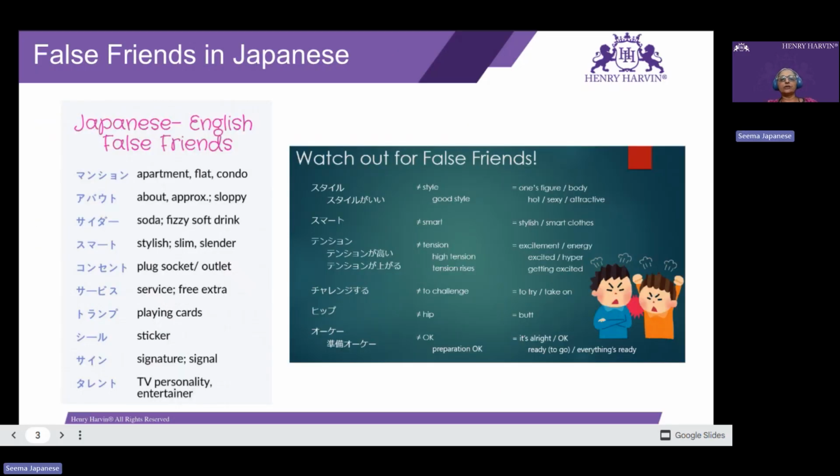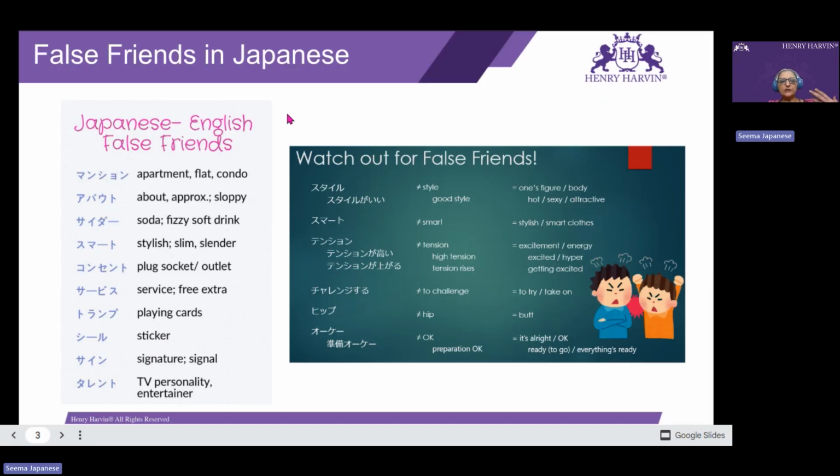False friends in Japanese. What does it mean? So, what are the false friends? Let's see the vocabulary first, right? And why do we call them English false friends? Because these are words used in the Japanese language, written in the katakana syllabary, but they mean something else.